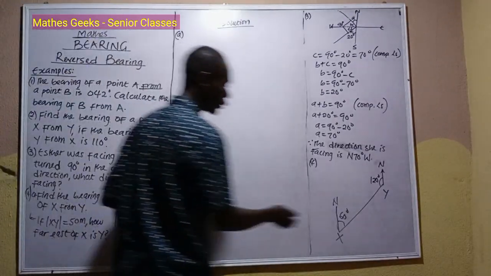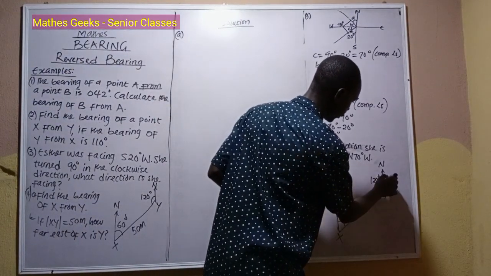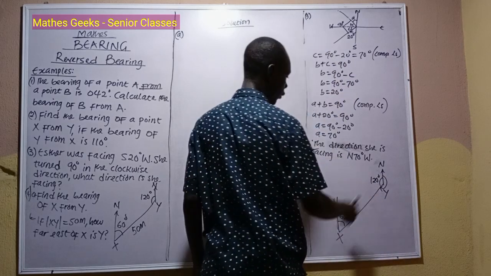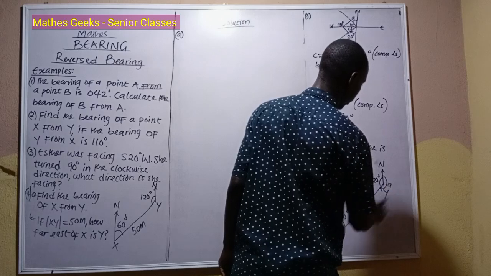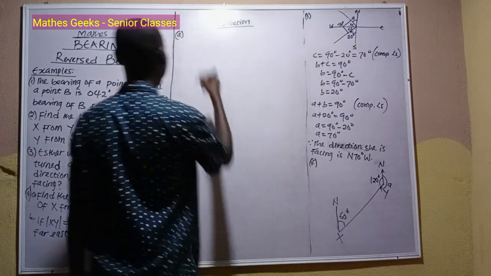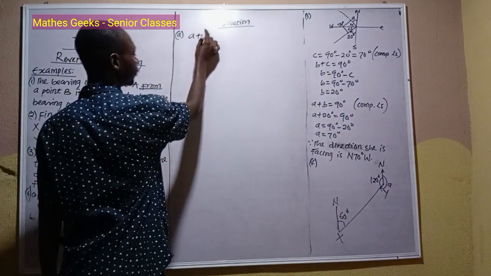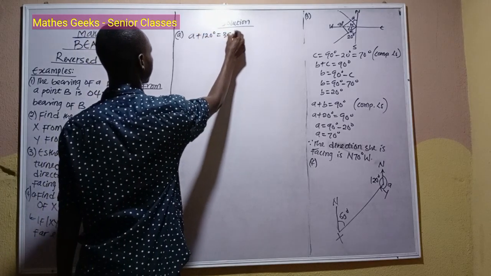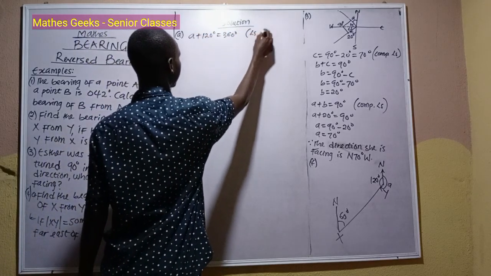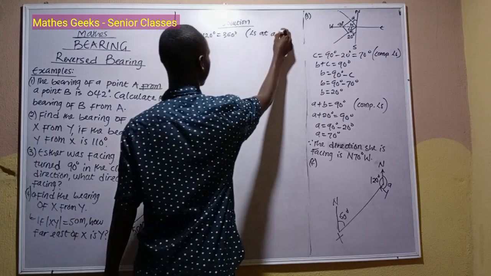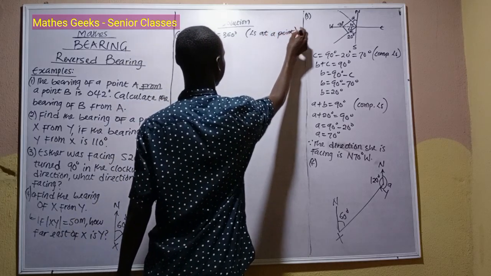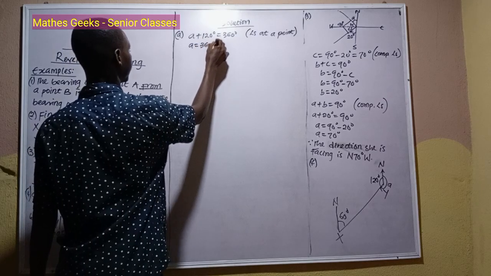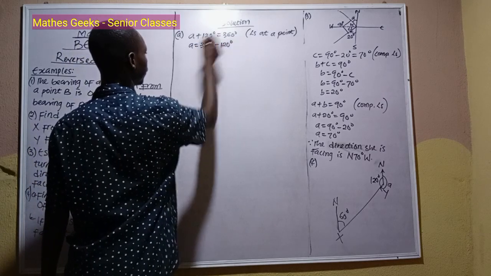So the bearing of x from y will be from the north pole to this line, so let's call here A. So A plus 120 degrees is equal to 360 degrees, because these are angles at a point. So A is equal to 360 degrees minus 120 degrees.